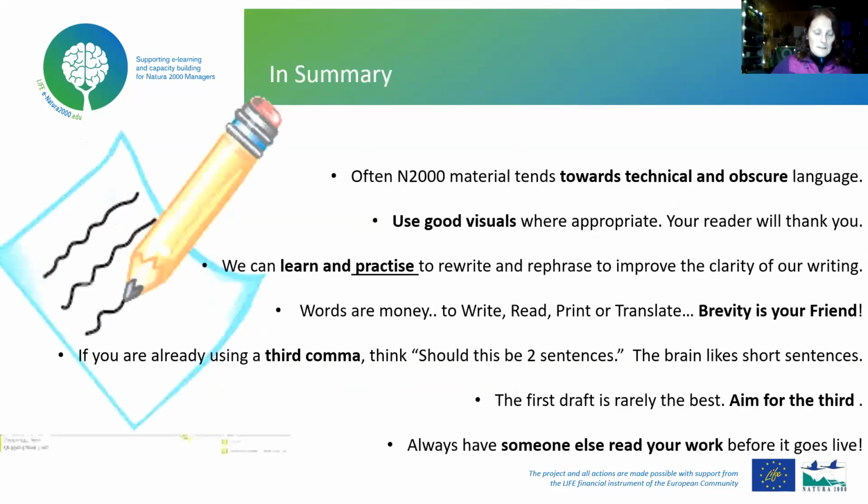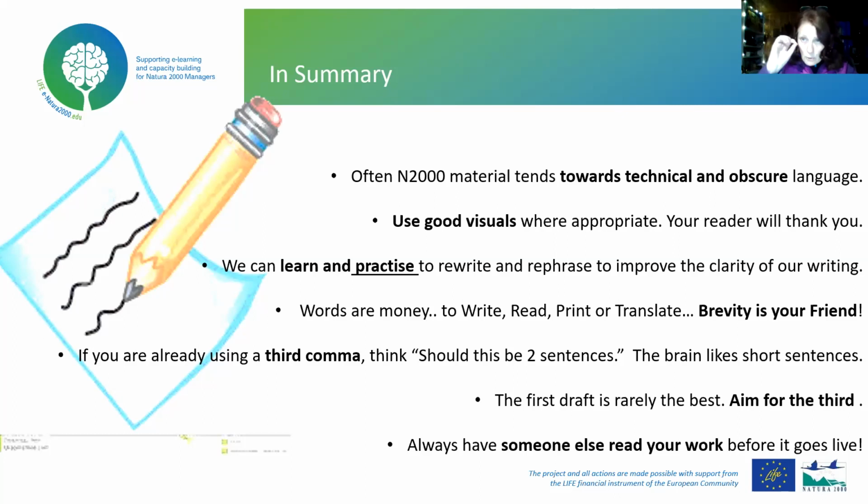So just to summarise, our Natura 2000 material does tend to be quite technical and quite obscure. And that's only relevant if you're writing for very technical and very obscure people. But in fact, we tend to not do that, except in very exceptional situations. So we do need to be thinking about making our writing more clear and accessible for people.